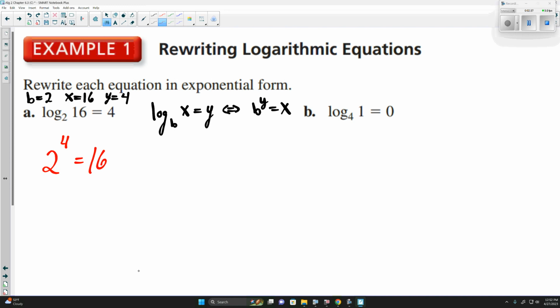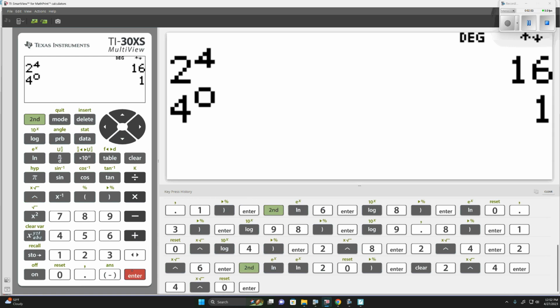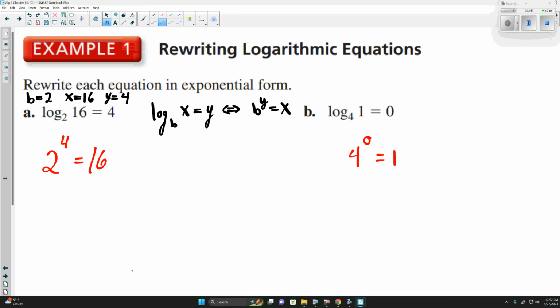So our base would be 4 to the 0 is equal to 1. Questions on this here? And again, with this one here, we could check it and say 4 to the 0 and see that it is indeed 1.